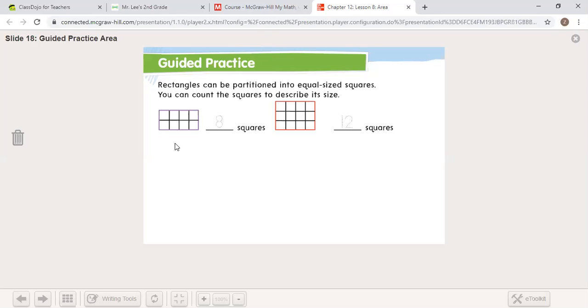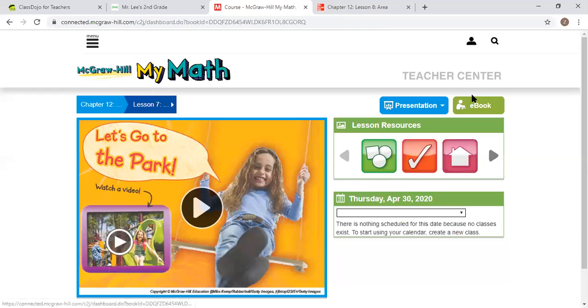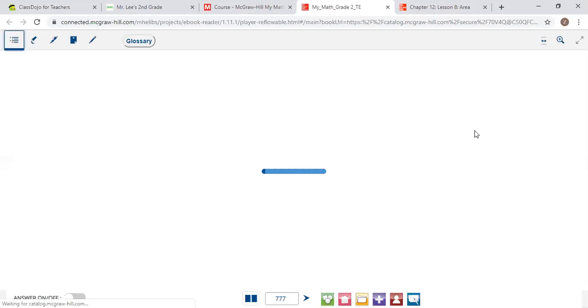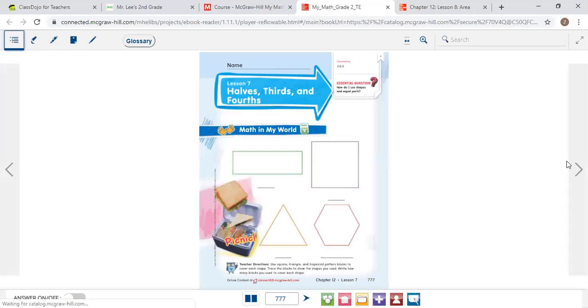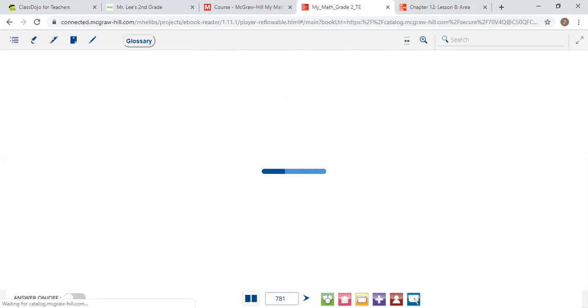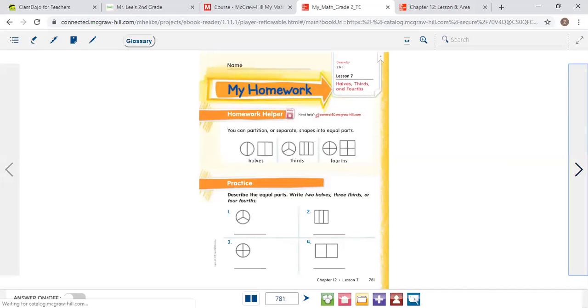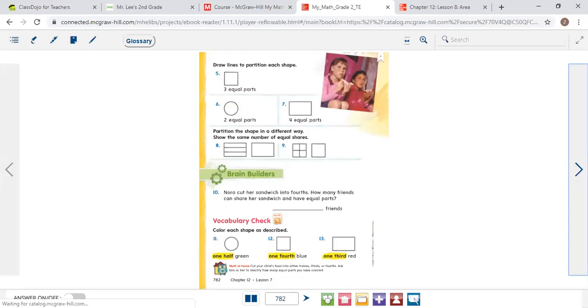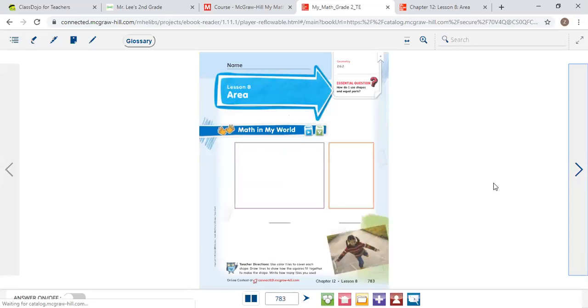So today on Seesaw, you are only going to have 2 worksheets because, again, you don't have these in front of you and you don't have the little blocks at home. So we're not going to do lesson 7. Give me a second here. All right, so you won't have to worry about this page.